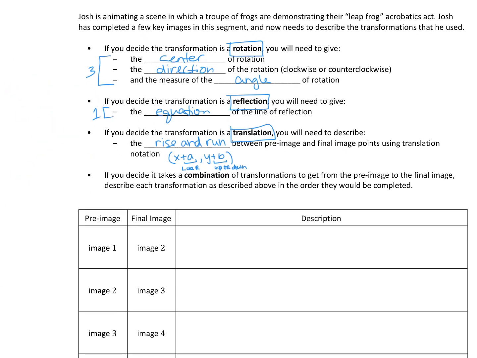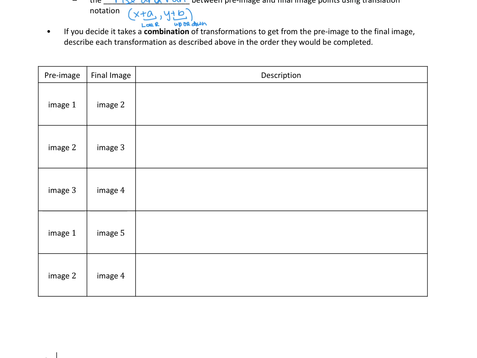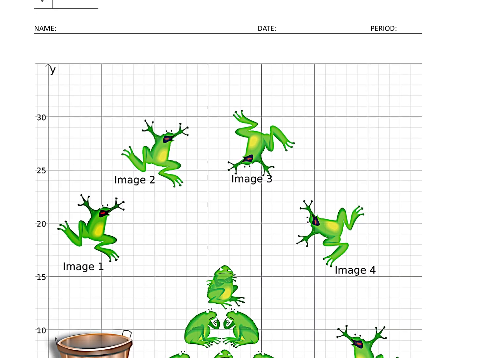So let's look at our graph. And the first one we're going to look at is image 1 to image 2. Okay, so we need to decide how we go from this location to this location. So that's our first one.